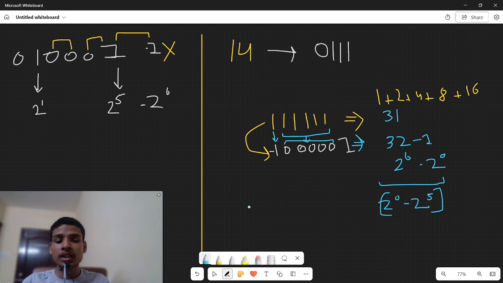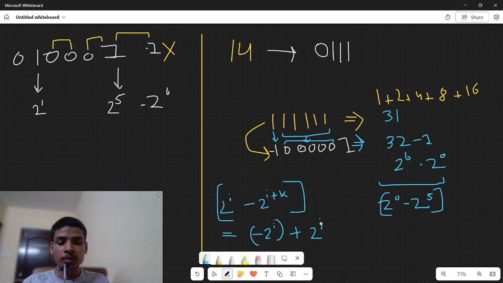If I generalize this equation, that will be the sum from 2 to the power i till 2 to the power i plus k. This is not minus, this is a sum from 2 to the power i to 2 to the power i plus k, that is equal to minus 2 to the power i plus 2 to the power i plus k plus 1.